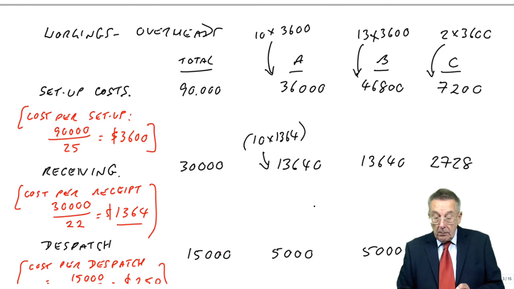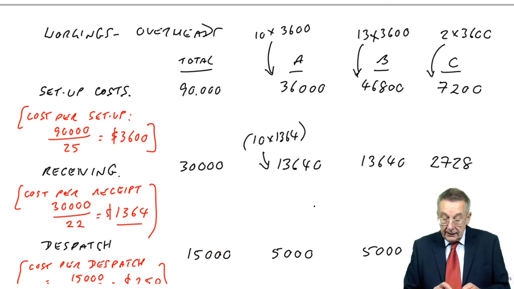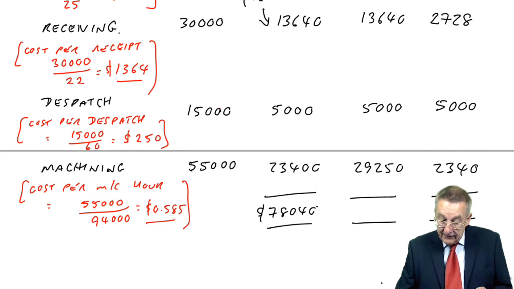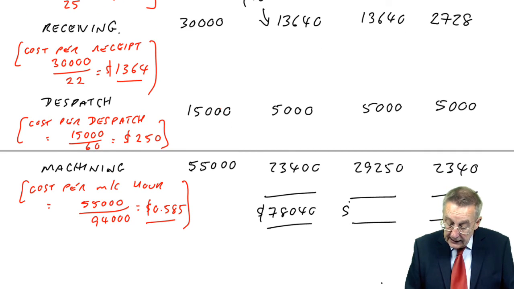For product B, 46,800 plus 13,640 plus 5,000 plus 29,250 comes to 94,690.